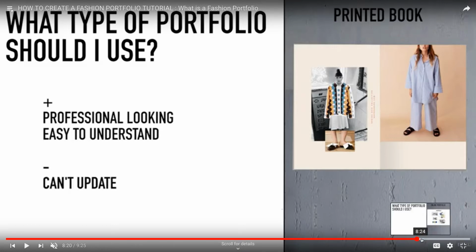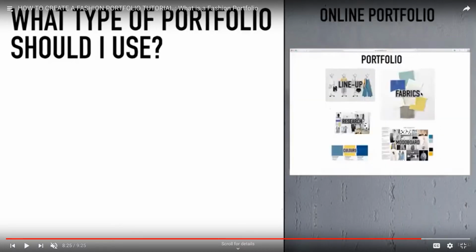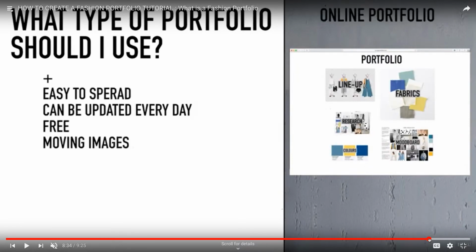How does your physical portfolio relate to your online portfolio, right? Your online portfolio, compared to a book, which is basically impossible to update, is easy to update. It's free in some cases. You can have videos on there.